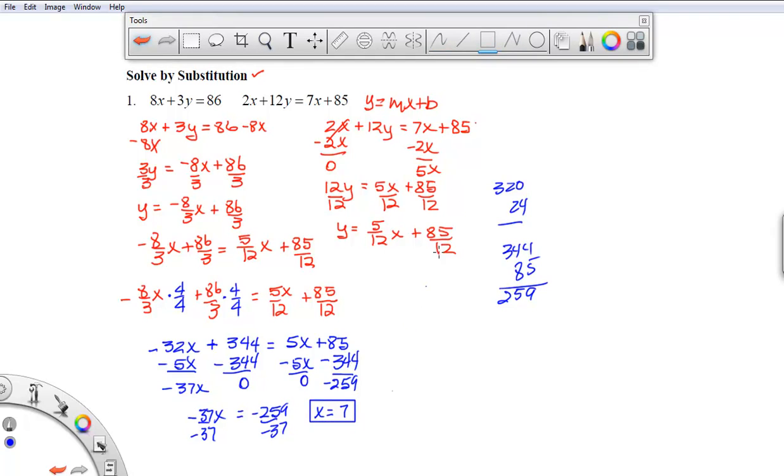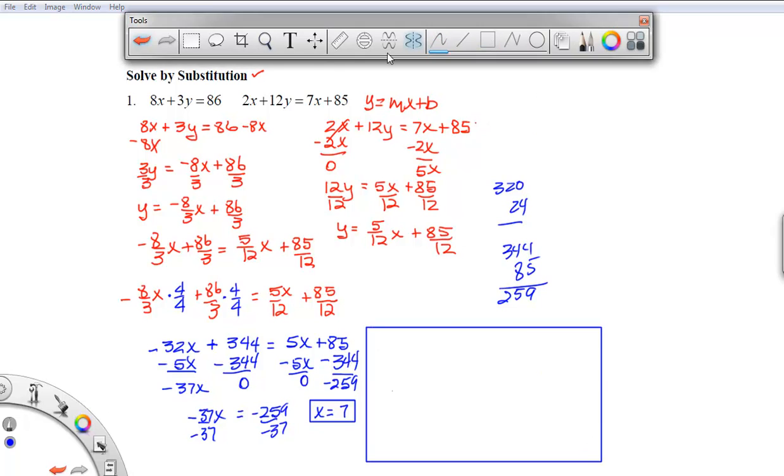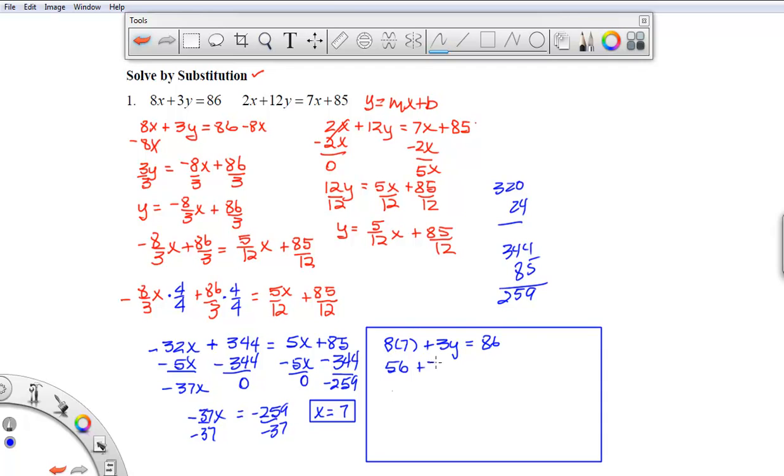And now when you're using substitution to find the y value, take the x that you found and plug it in for this x right here, and then that'll help us find the y. So let's go ahead and make us a little spot here to do our work. So I'm going to have 8 times 7 plus 3 times y equals 86. 8 times 7 is 56, plus 3y equals 86.